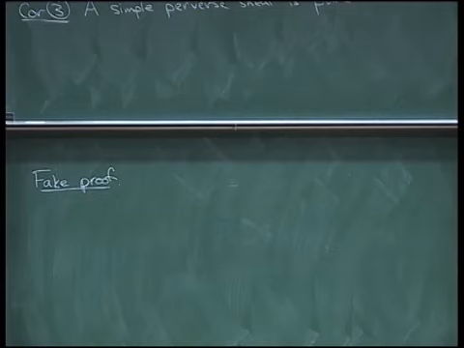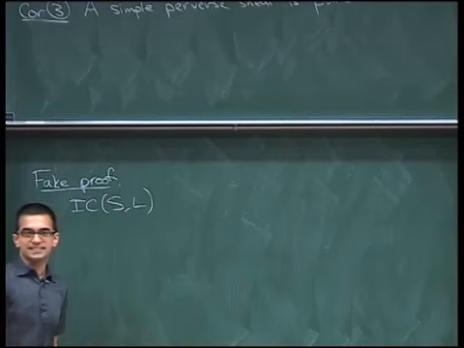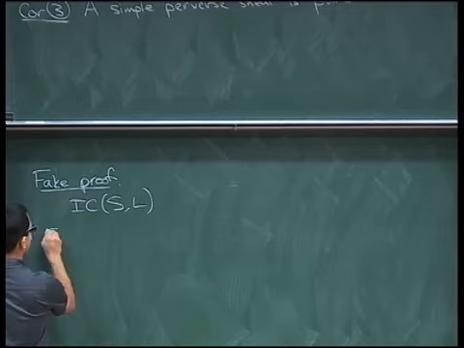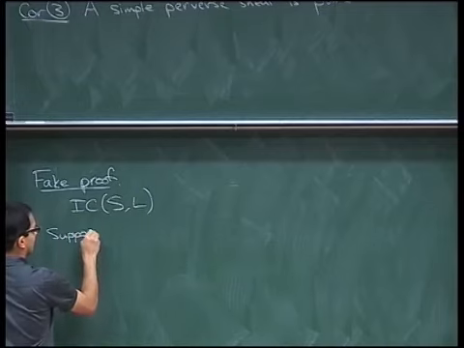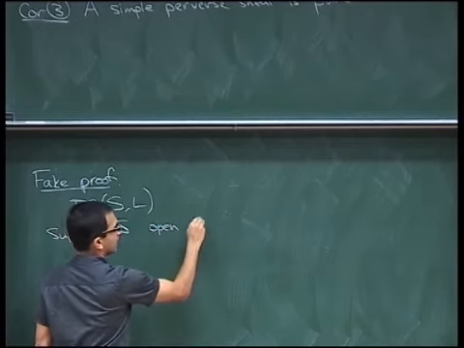And the fake proof is like this. So a simple perverse sheaf is something like, well, the way we've been naming them is IC of S, L. So let's suppose S is an open stratum.